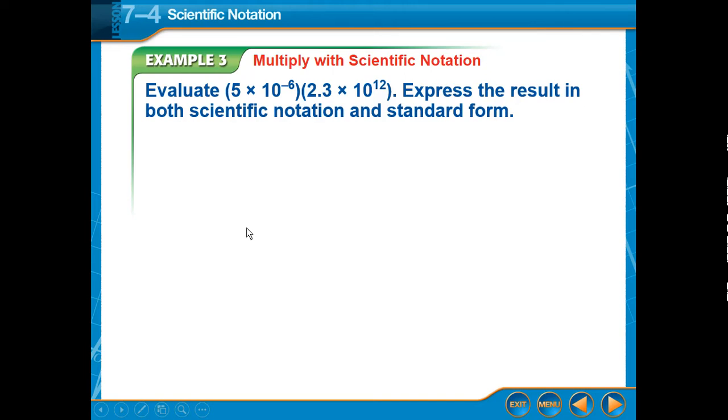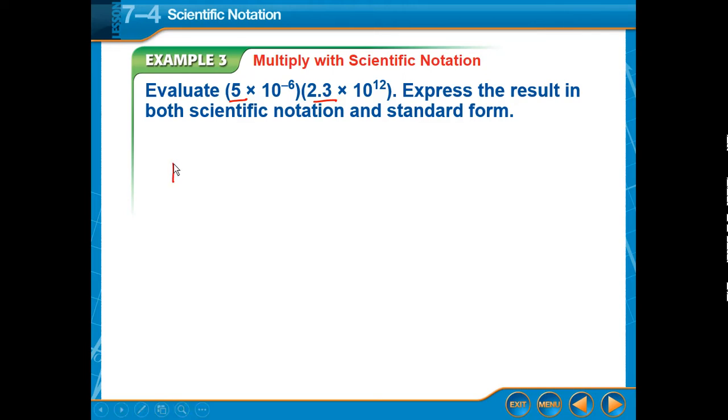Okay, if we're multiplying scientific notation, what we want to do is multiply like things together. So I want to multiply 5 and 2.3. So if I were to do 5 times 2.3, I would get 11.5.